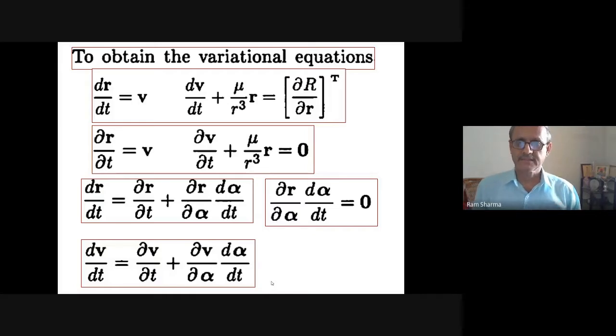So I have taken some derivation from another book I had. That is also a good book, but its notations are different.